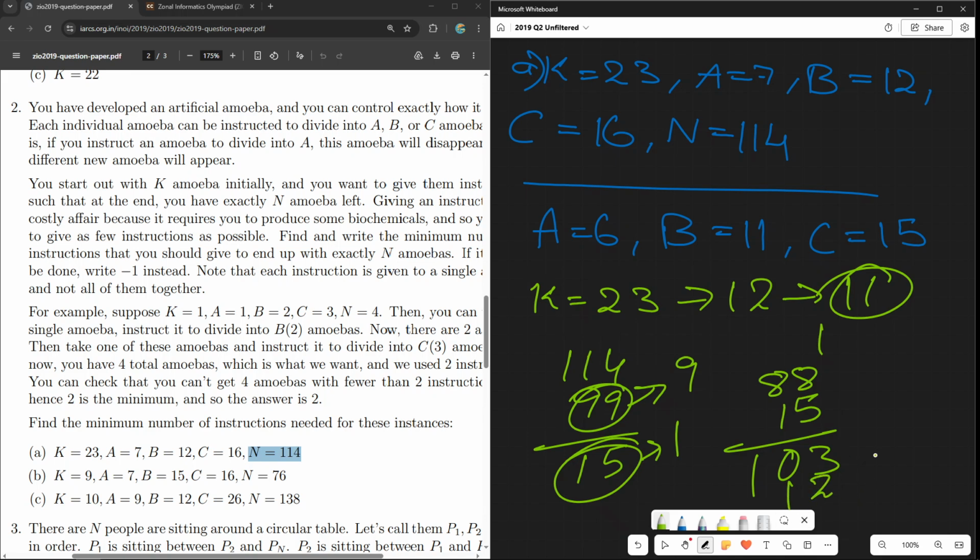So this will again be 105, and we need only 114. We have to think of another way.